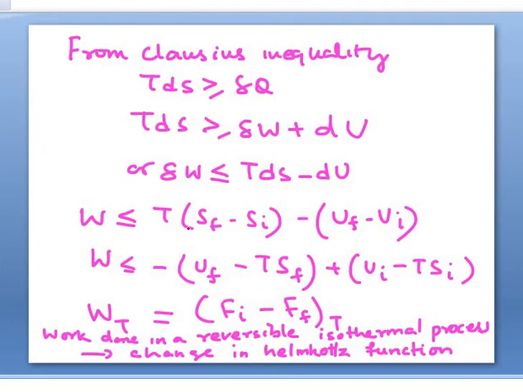Finally the work done in a reversible isothermal process will come out to be Fi minus Ff, which is the change in the Helmholtz function. So if a change in Helmholtz function is given, you can use it to find the work done in a reversible isothermal process. As I told you, this is a measure of the ability to do work. It is related to free energy.